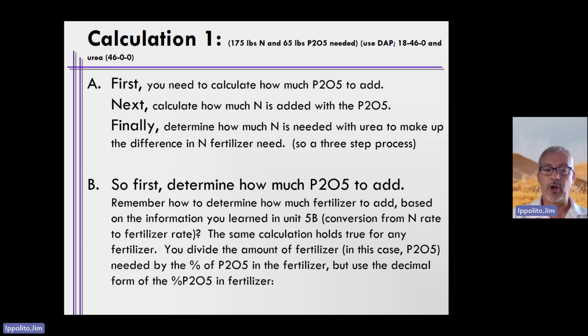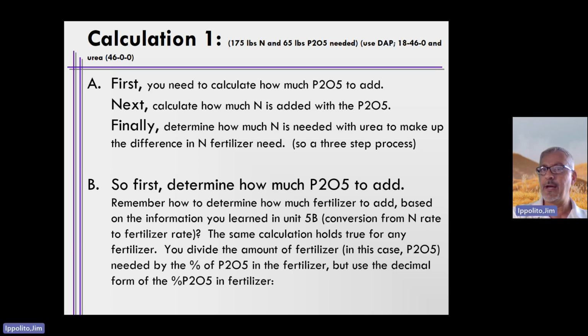So first, you want to determine how much P2O5 to add. And I wrote this down here. I'd like you to do the same thing in your notes if you're taking notes. Remember how to determine how much fertilizer to add based on the information that you learned in Unit 5B, for determining how much fertilizer to add in solid form to meet a fertilizer rate, or in Unit 5B, it was a nitrogen rate.